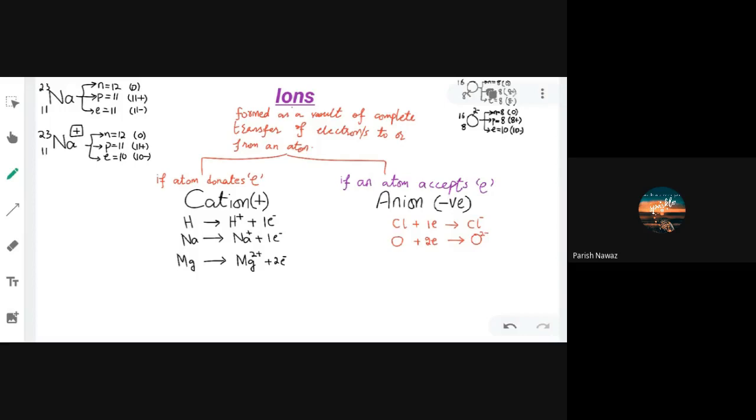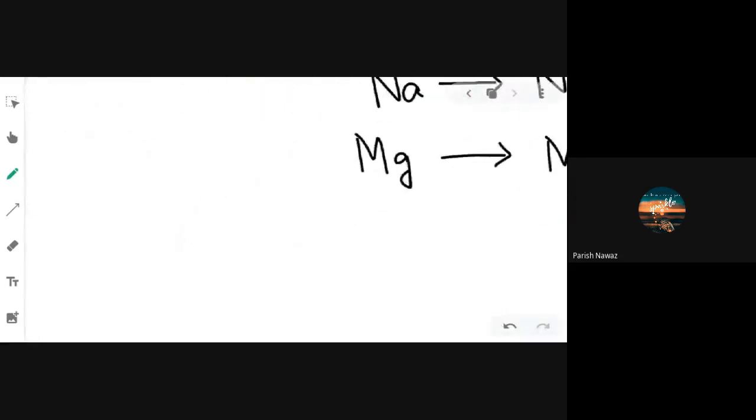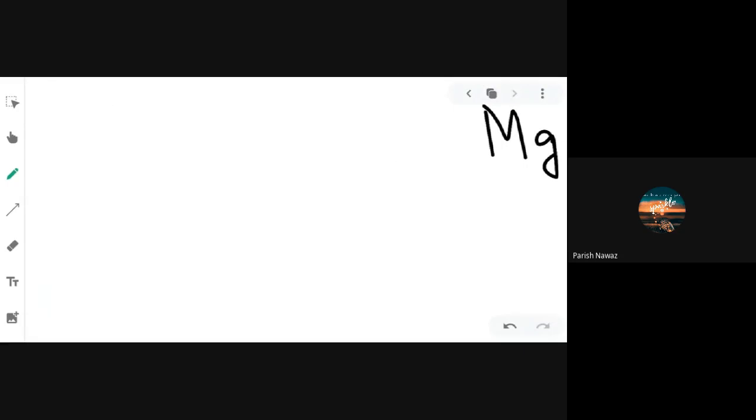So, can you explain the magnesium one? Magnesium is in group 2. You have not yet covered electronic distribution in our chapter. We should have learned it before, but because we have to follow the book, in the book it will be written that it has atomic number 12. It means that it has 2, 8, and 2, so two valency electrons.